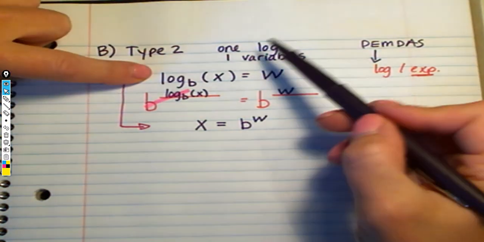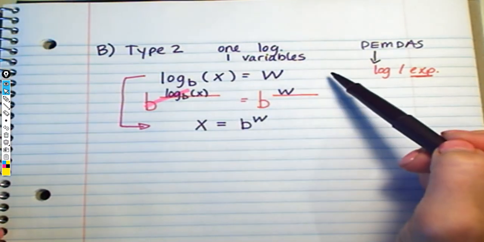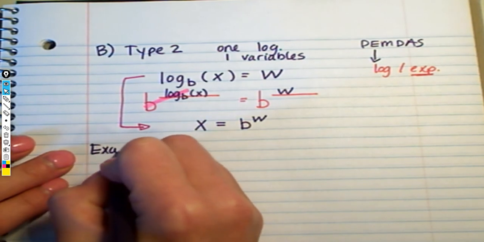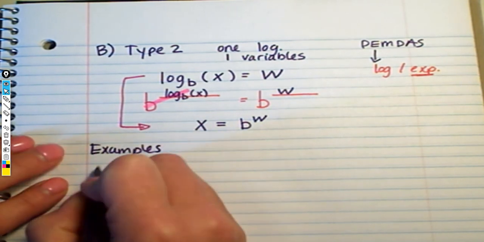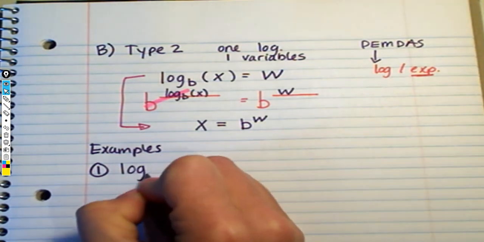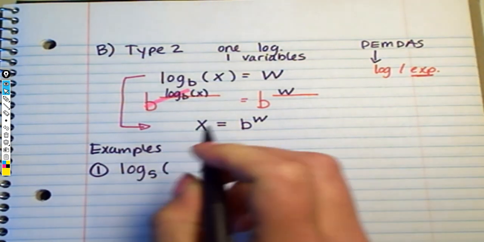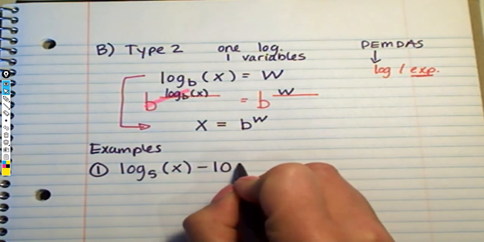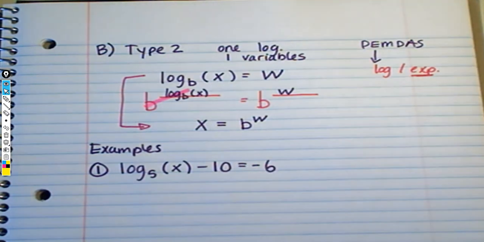So notice that we only have one log and one variable, and we're trying to undo to get the x by itself. So let's look at some examples here. Let's say we get log base 5 of x minus 10 equals -6.